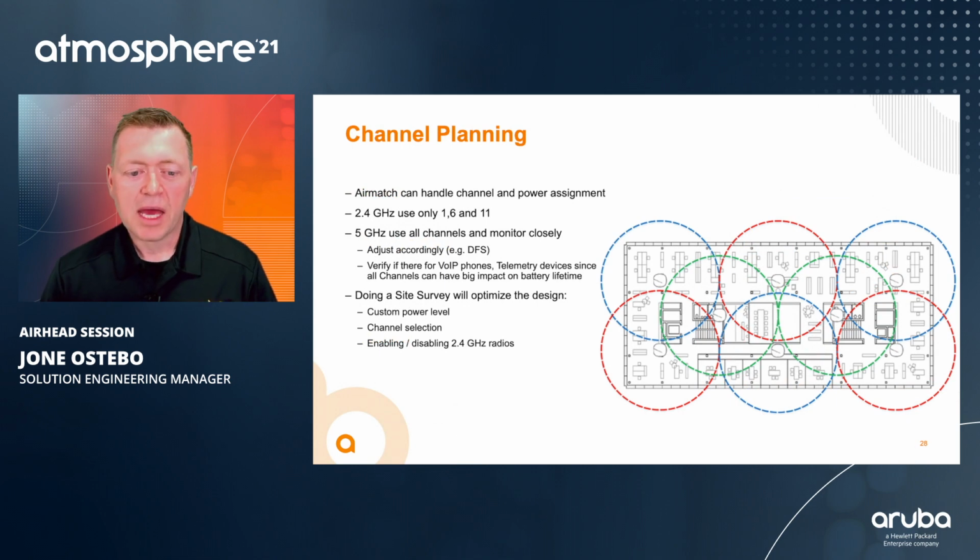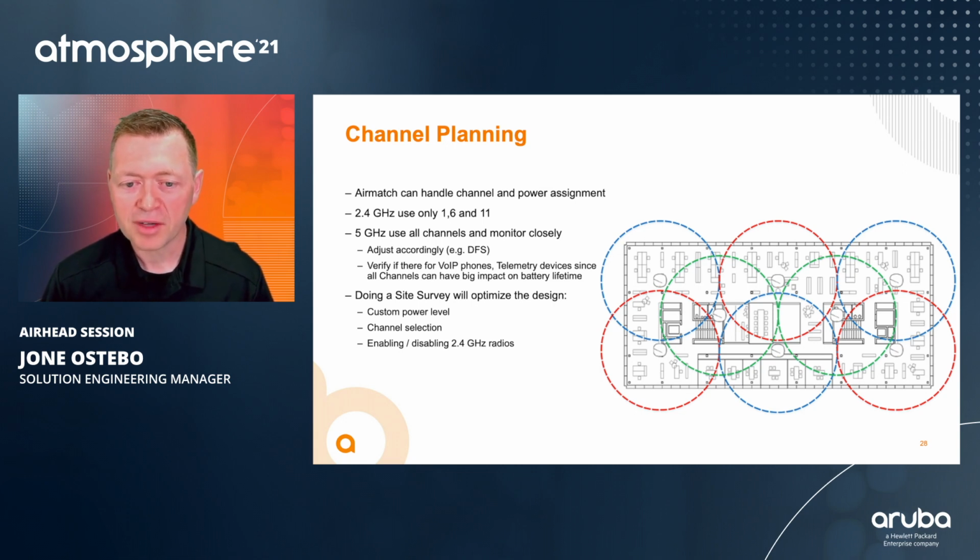We're going to look a little bit at RF environment and channel planning. This is a pretty old slide showing the challenges of having co-channel interference. To simplify this, we're showing it based on 2.4 GHz, where we only have 3 channels to pick from: channel 1, channel 6, and channel 11.